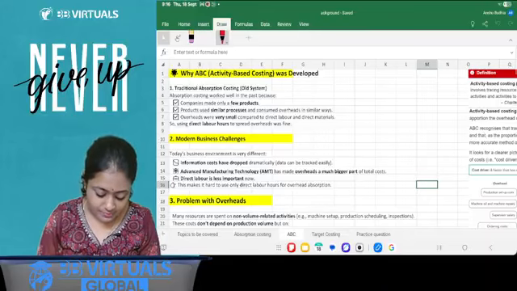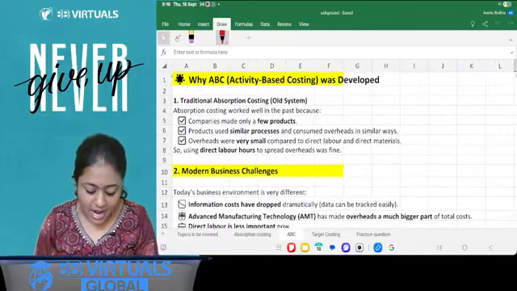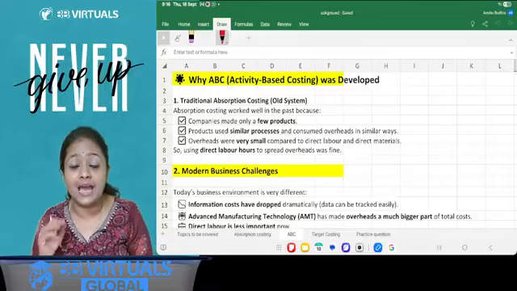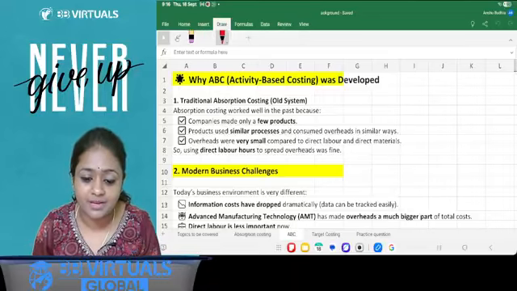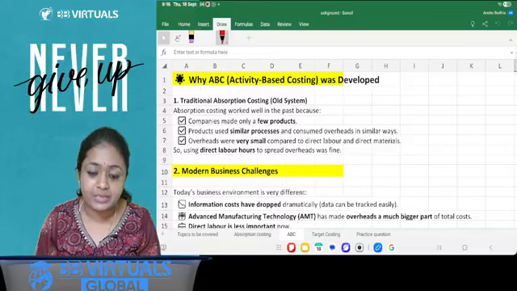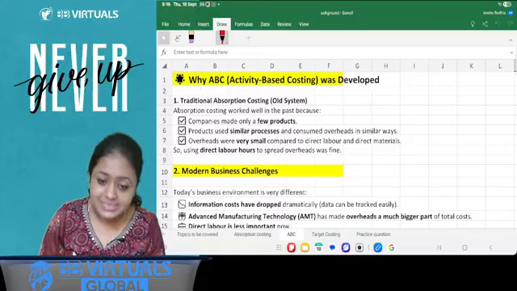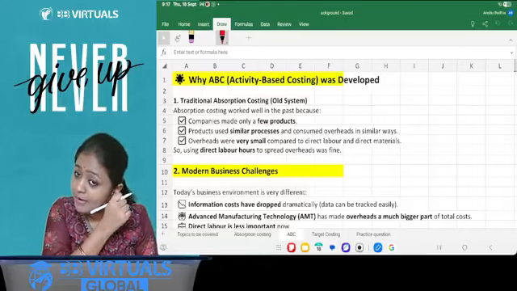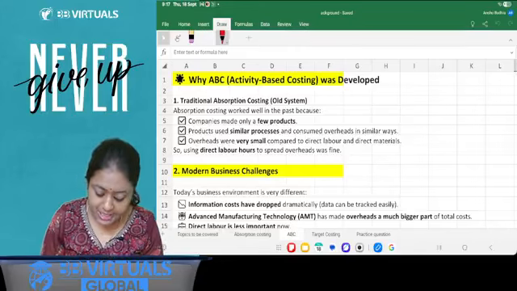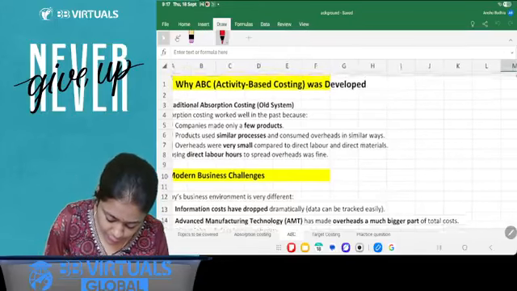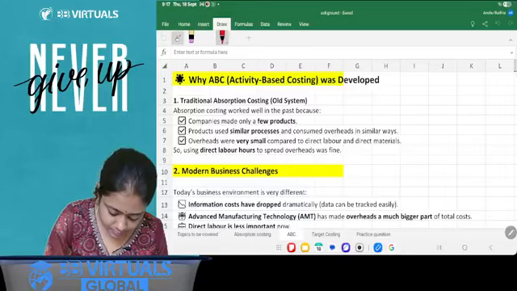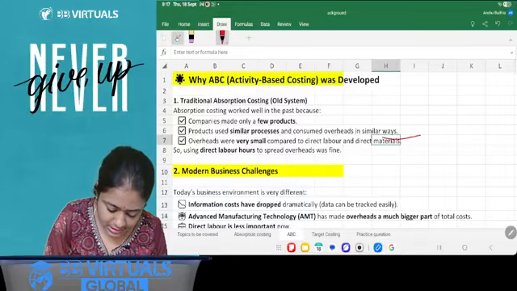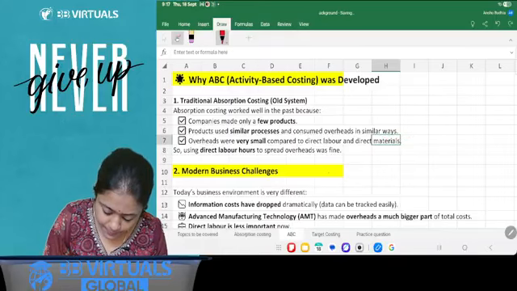Okay. Now, the first pointer is why ABC was developed at all. Let's look at the main pointers. Traditional costing was a very old system. It, however, worked well in the past because generally the products were very few.